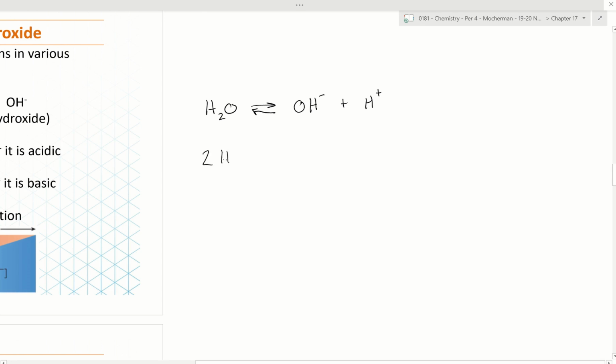It's actually two waters interacting together to make one hydroxide, which has a negative charge, plus an H3O+. This we know as hydroxide. We learned that in our common polyatomic ions. This guy is called hydronium. And so those are the two ions. They are found in all samples of pure water.